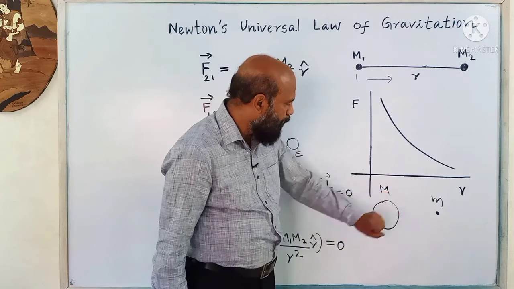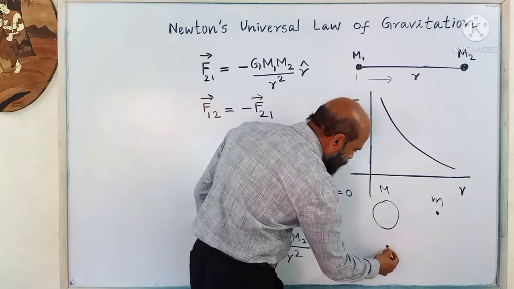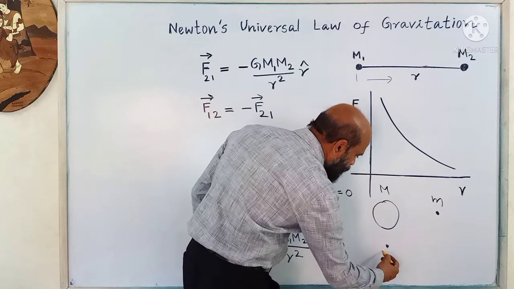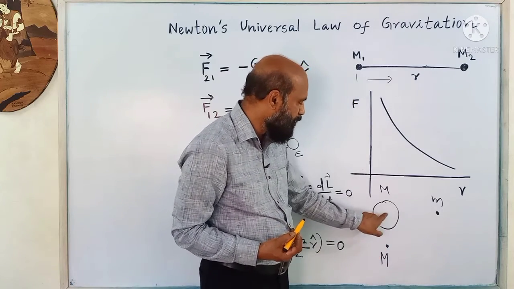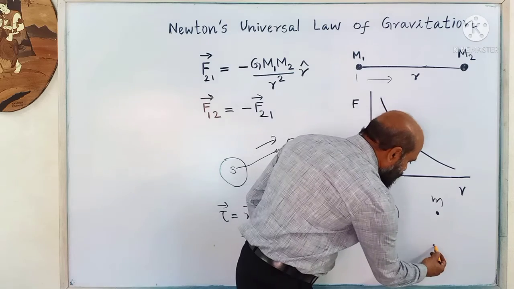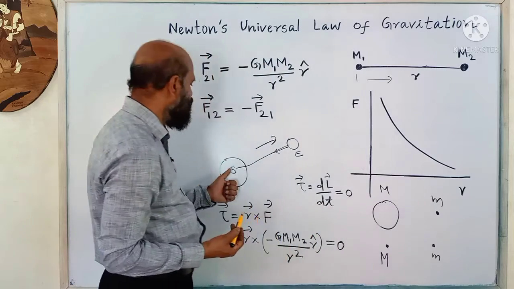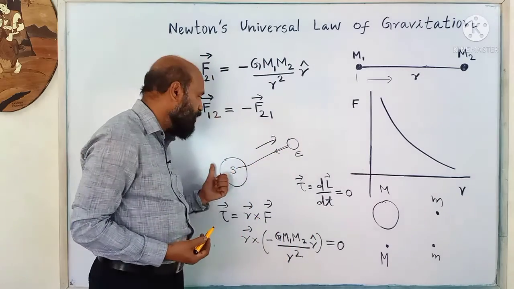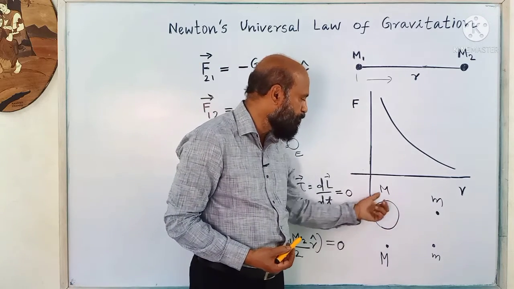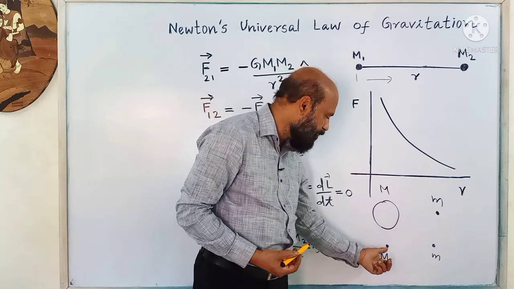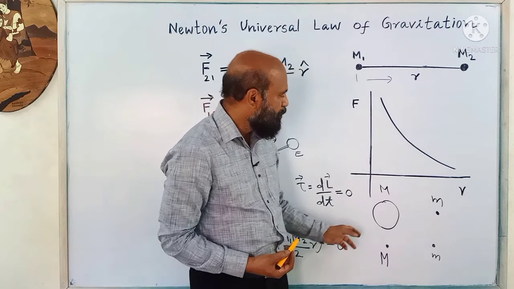The mass of the sphere can be assumed to be concentrated at the center of the sphere, and can be considered a point mass of capital M. So here the distance is not large. In the sun and earth case, the distance is very large, so it's a good approximation. This is a special case. It's a hollow sphere, so it can be assumed to be concentrated at the center and treated as a point mass. It's a special case.